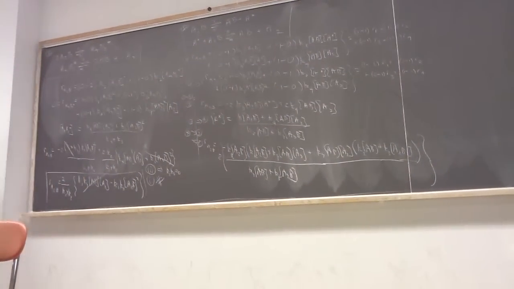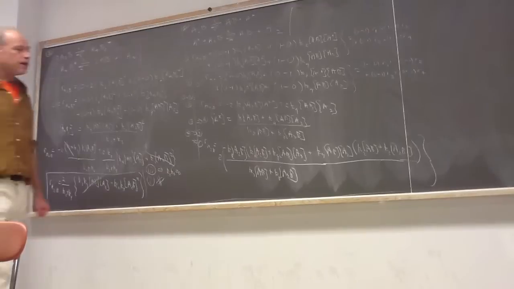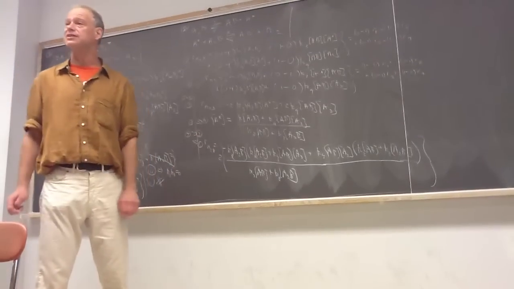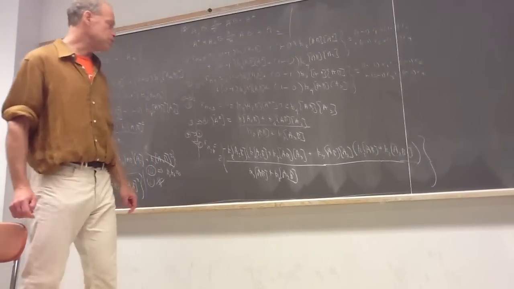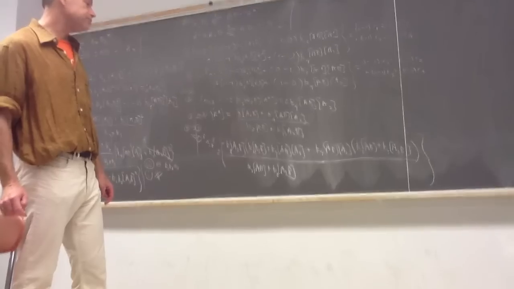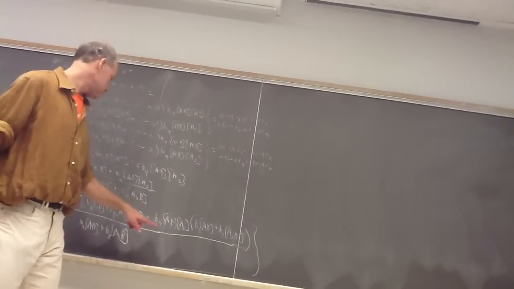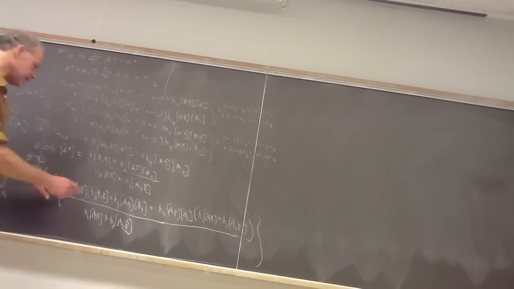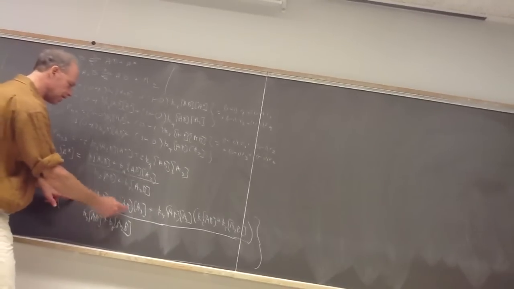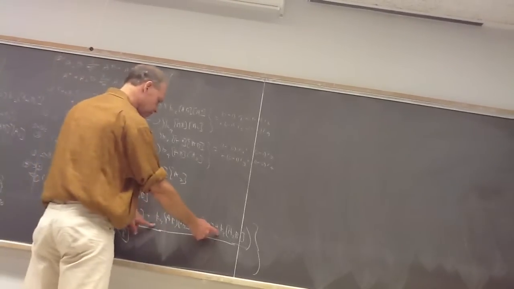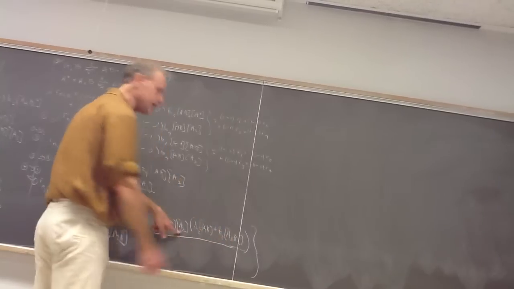Is that algebra clear? It's trivial, the algebra. And now I put it under one denominator because things are going to cancel again. So I want you to notice that I've got a K3, K4, ABA2 with a minus sign. And here I have a K3, K4, let's see, K3, K4, A2B, ABA2.